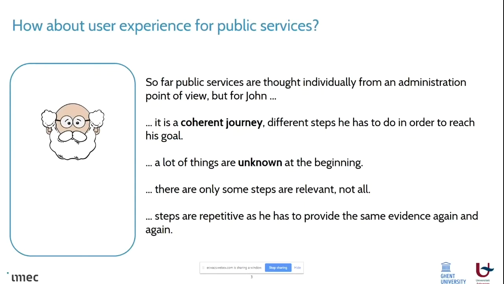But from a user, it's more like a coherent journey. So you have a start and you want to reach something. It's like this whole goal-driven approach, and you want to reach that goal. And also during that process, in any case, you have to provide certain information, you have to provide evidence, you have to create evidence, and all this happens in this long journey. And therefore, we're looking really into putting the E into e-government, like really taking more the data perspective rather than the document-based perspective.